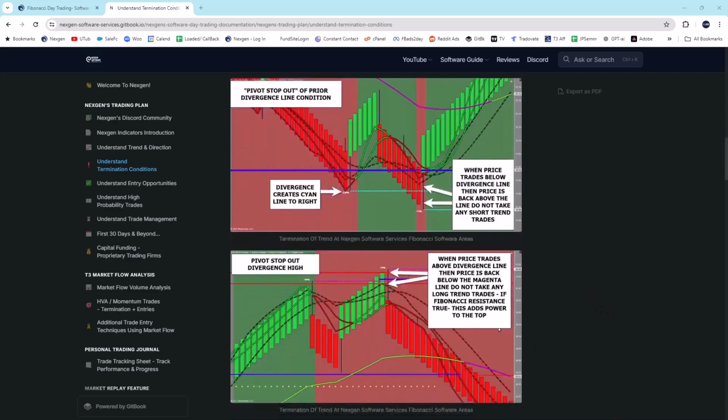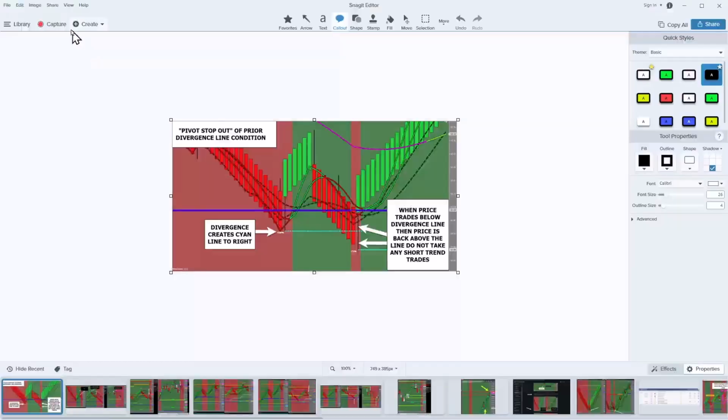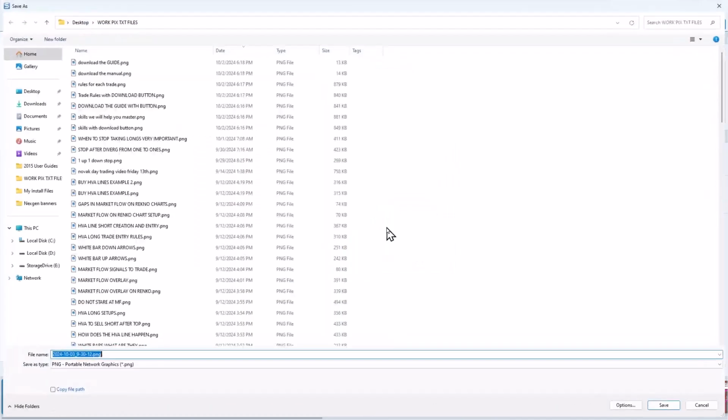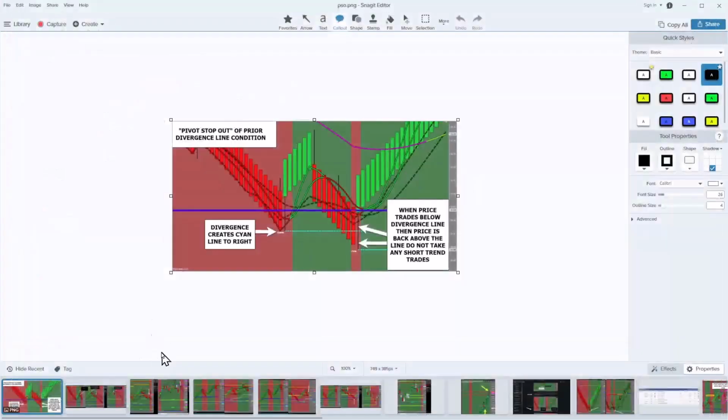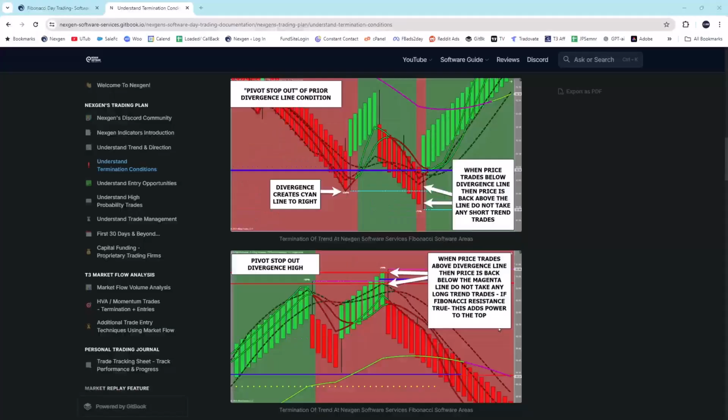But these pictures, I think I saved these off yesterday, but anyway, let's see. I'm making a bigger picture so I can blow it up. I don't know why my user guide is not working.